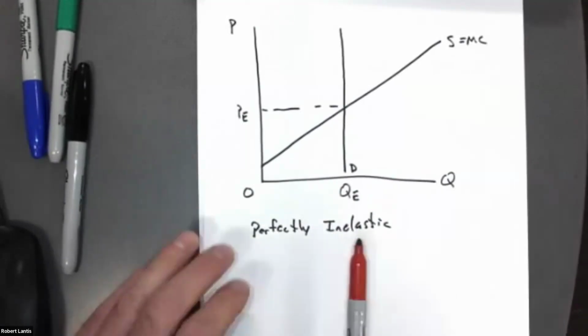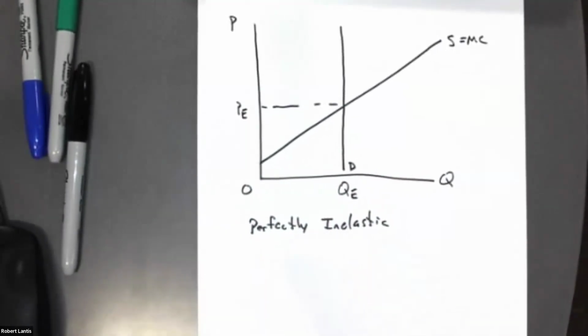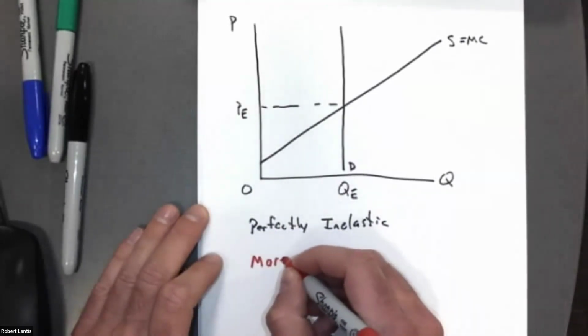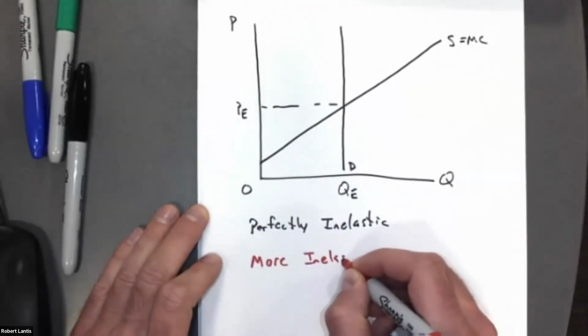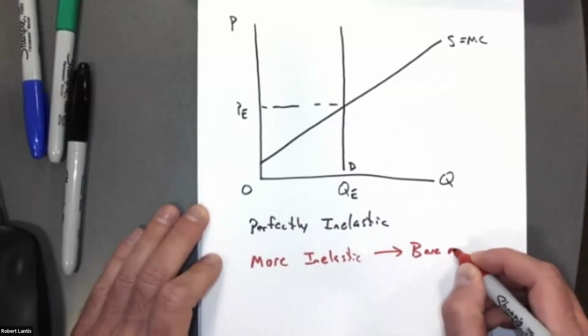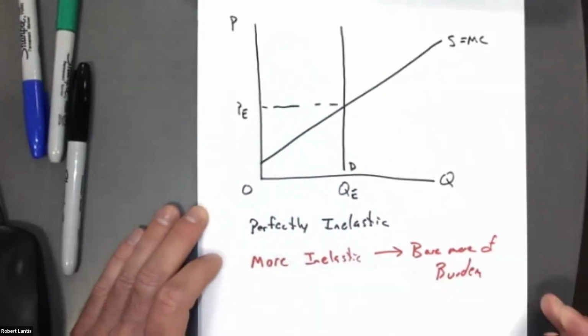So whoever is not responding to this change in price, whoever is more inelastic, generally they bear more of the burden. So whoever is more inelastic, we would say they're going to bear more of the burden of that tax.